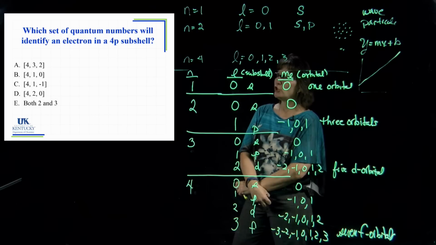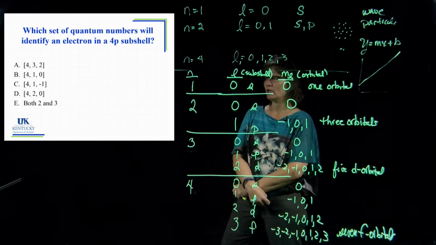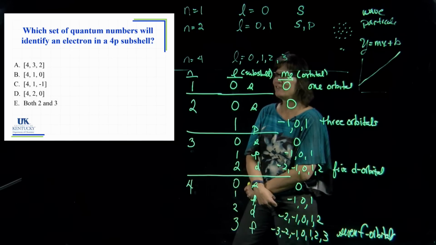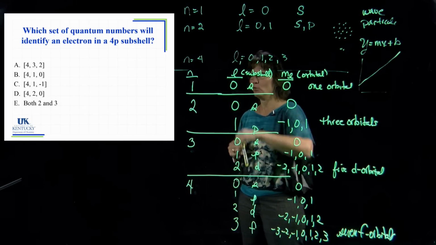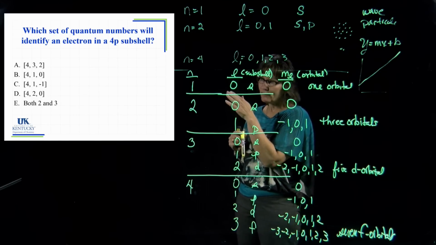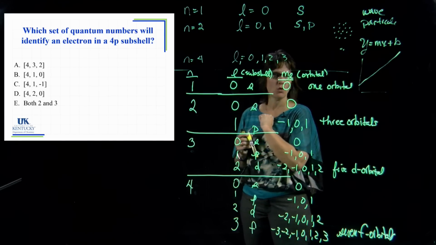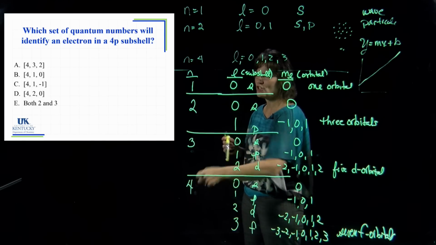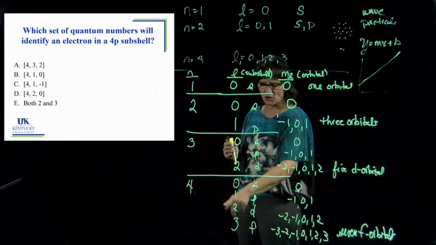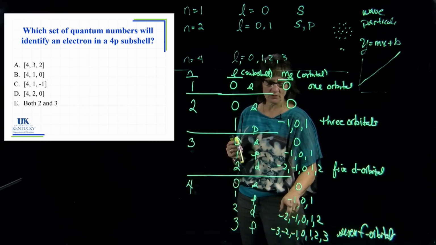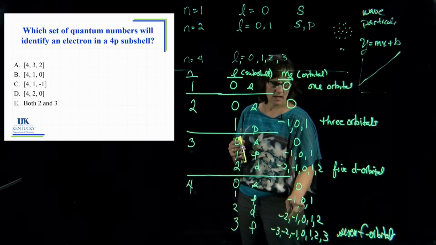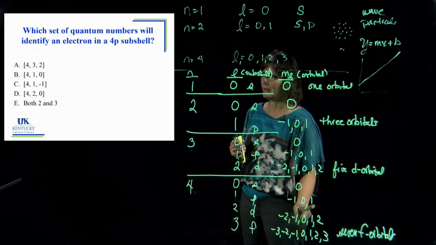Okay, so for this one, you should have picked B and C are allowed. Why is that? Well, P has an L of 1. So in the 4th shell, the first number tells you the 4, so we know we're in the 4th shell. We're in the P subshell, so that's an L of 1. And what are the allowable M sub L's? We could have it be a -1, a 0, or a 1.